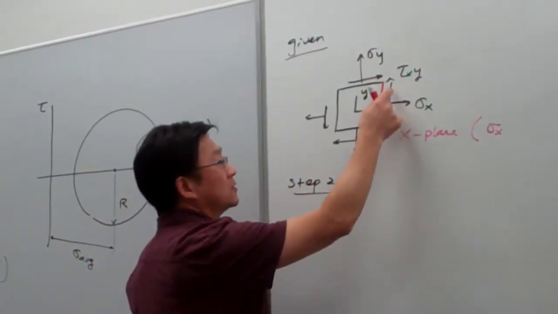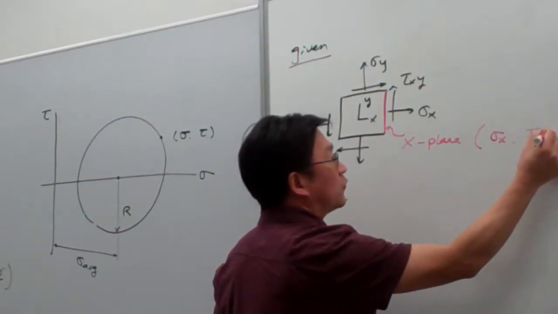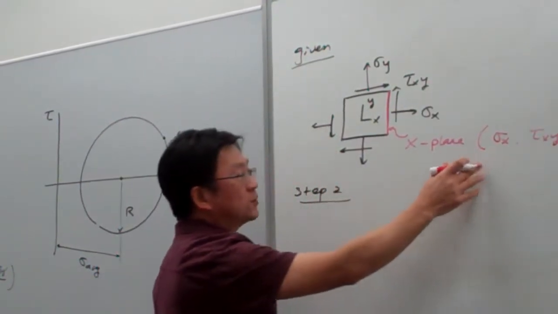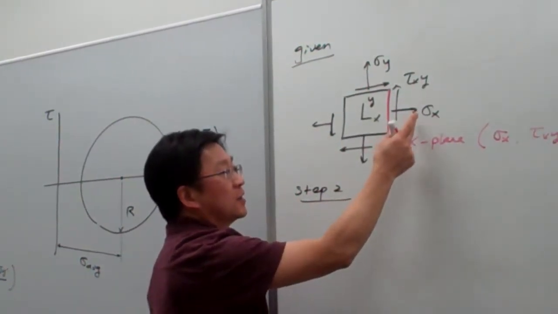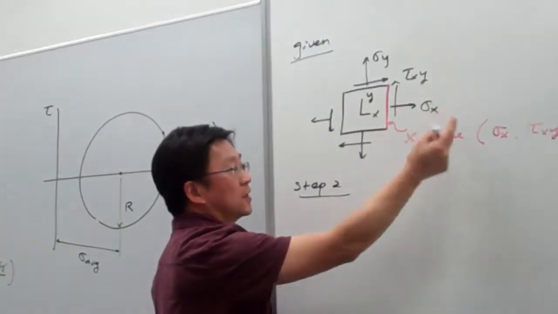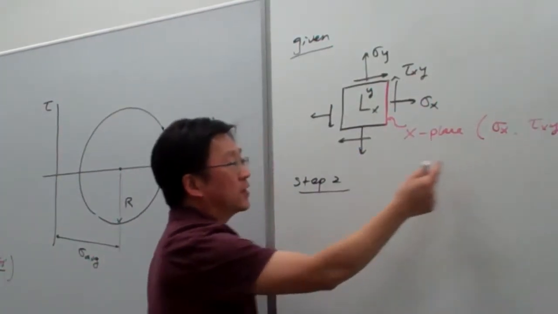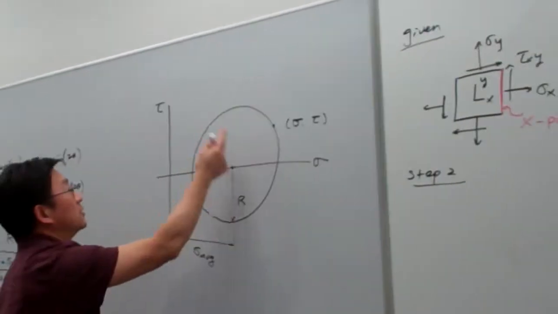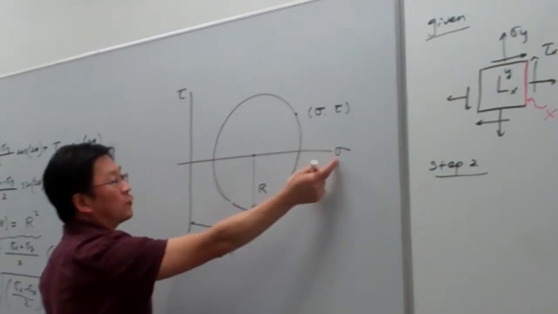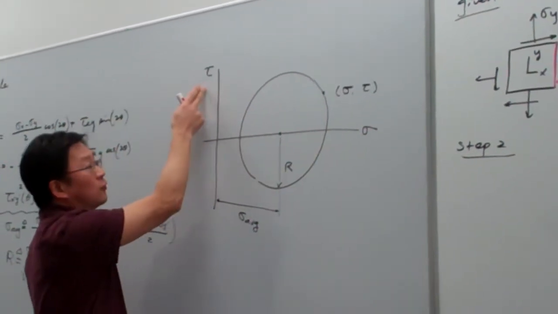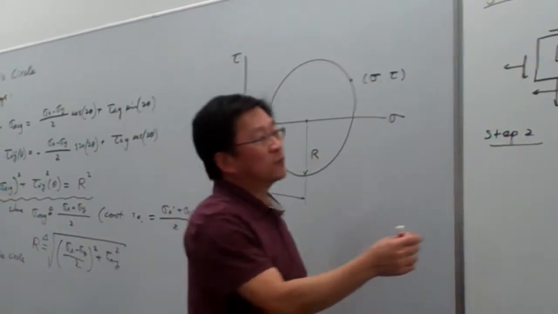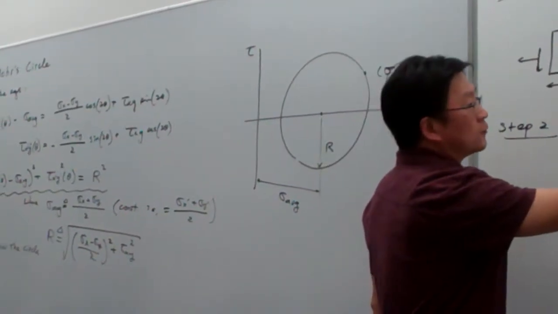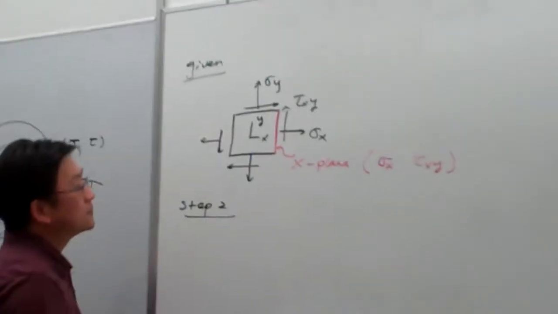The other one is the shear stress, tau xy. We simply place the stress components in such a coordinate system because we like to utilize this kind of coordinate system. The first coordinate is normal, and the second coordinate is shear. So we place them in the coordinate system like this. Okay.